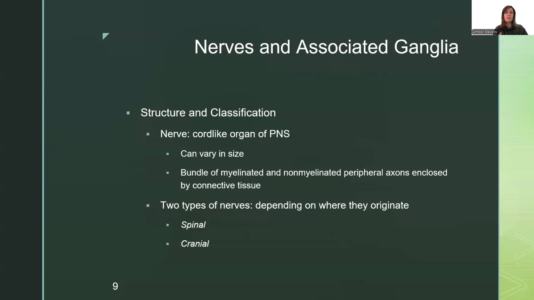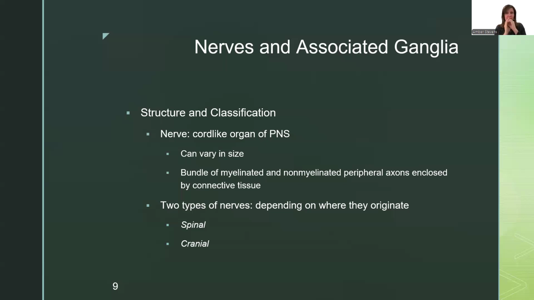So nerves, we talked about nerves and ganglia last week, but those nerves are bundles of axons, right? Surrounded by those connective tissue layers that we talked about. You have your endoneurium, which wraps around each individual axon. Then a group of axons is called a fascicle, which is surrounded by the perineurium.